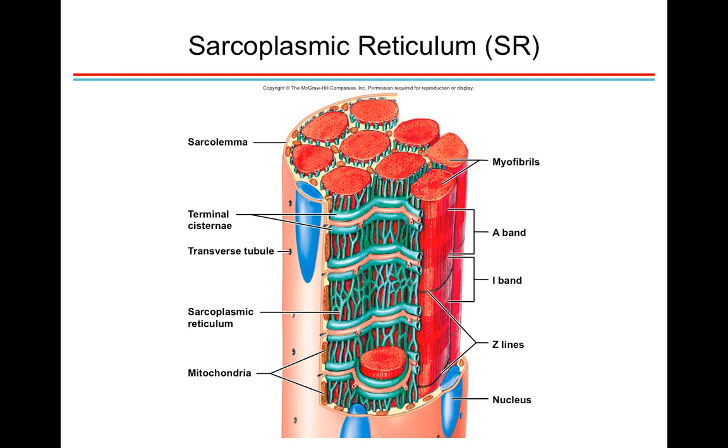And then we also see the transverse tubules traveling throughout this system. These play a key role by letting an action potential sent to this particular muscle cell travel through the different regions of the muscle cell.